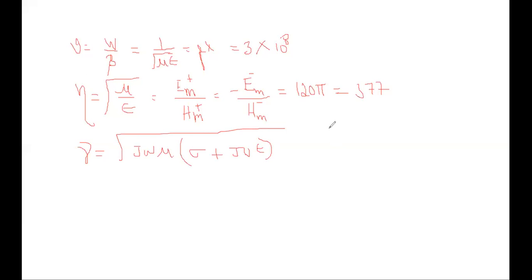And this intrinsic impedance, what I told in the previous class, it is inverse actually. I told sigma plus j omega epsilon by j omega mu. It is not that.